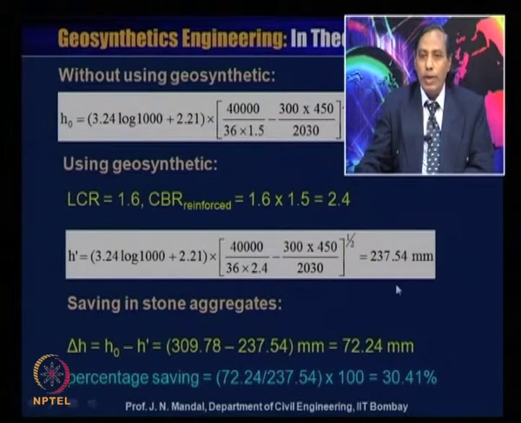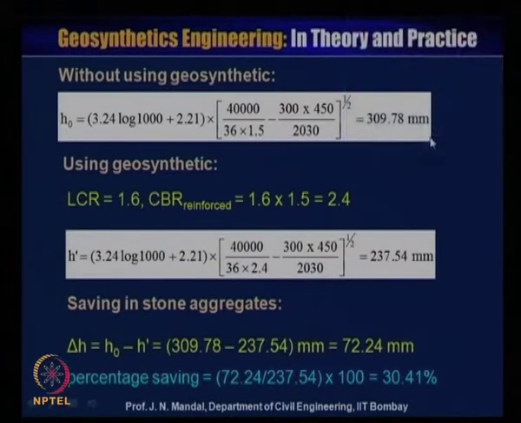So if you now calculate, you can obtain the H dash value as 237.54. So you see the difference: without geosynthetics the thickness of the pavement is 309.78 millimeter, with geosynthetics it is 237.54 millimeter.